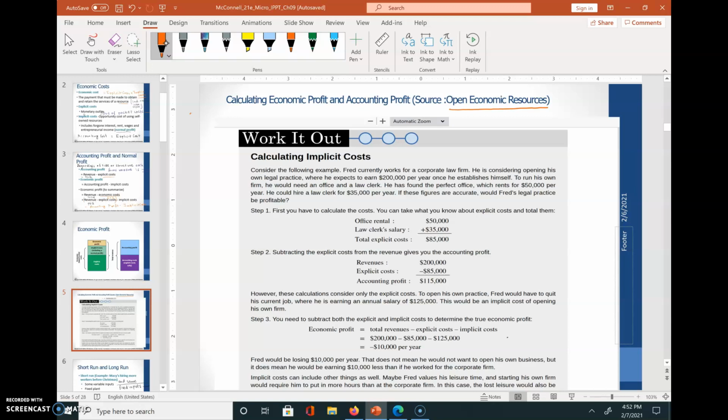It says he is considering opening his own legal practice where he expects to earn $200,000 per year once he establishes himself. This $200,000 is the expected total revenue.